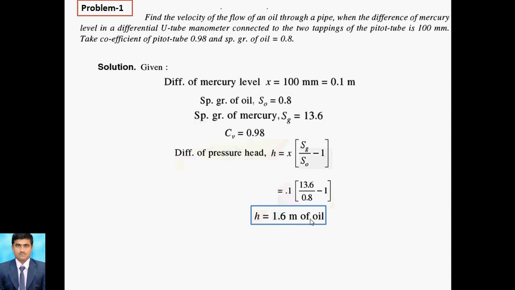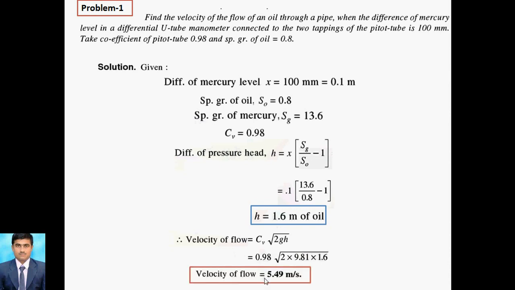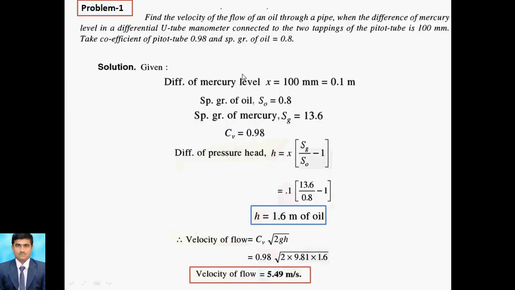So H is equal to 1.6. After solving, we get H. The next value is the velocity of flow, the actual velocity, Cv into root 2gh. Cv is 0.98 and H is 1.6. After calculation, the velocity of flow is about 5.49 meters per second. So this is regarding problem number 1.